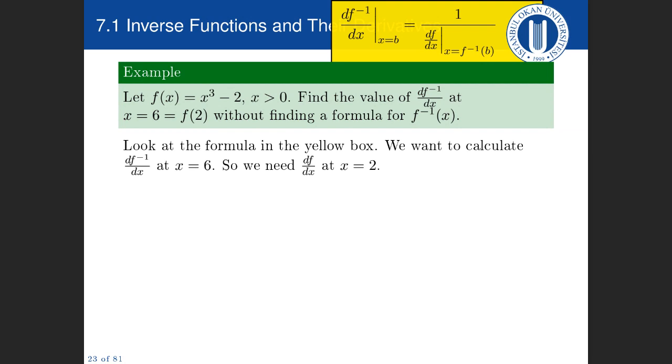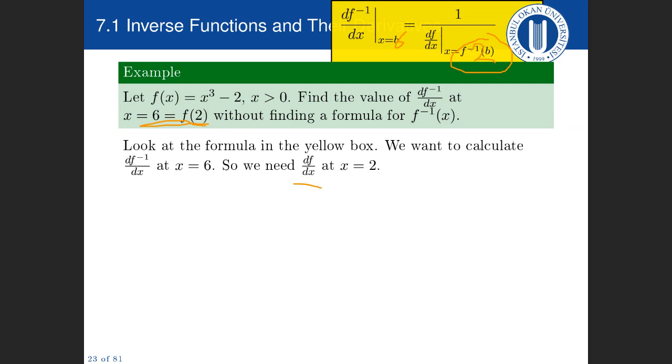So let's look at the formula in the yellow box. We want to calculate df inverse dx at x equal to 6. So we need to calculate df dx at x equal to 2. If we want x equal to 6 just here, then over here x must be f inverse of 6, and f inverse of 6 must be 2.